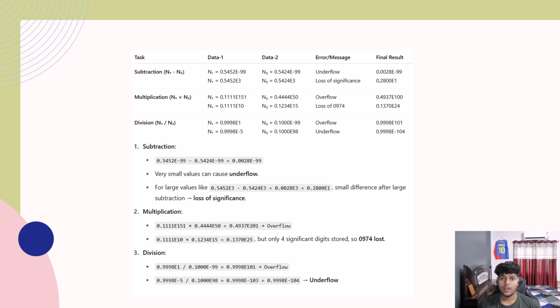However, an exponent of -99 is too small for the system's range, so we get an underflow error and the message is underflow. For data 2, n1 and n2 are equal, so the result is 0.2800 e0, which is within range. So the final result is 0.2800 e0, with no error.